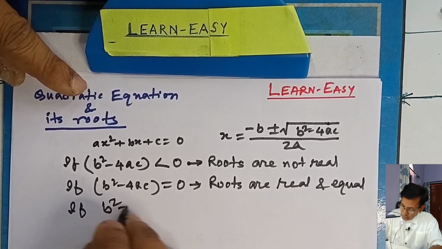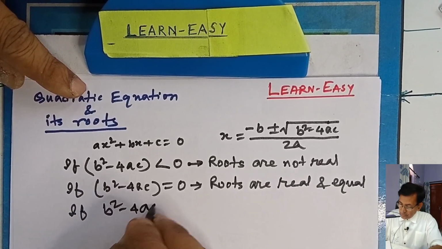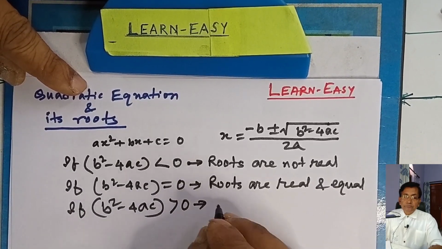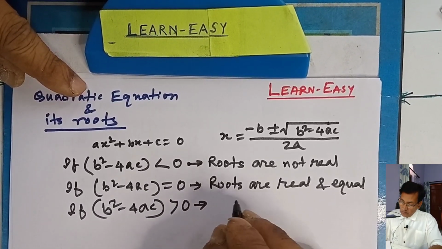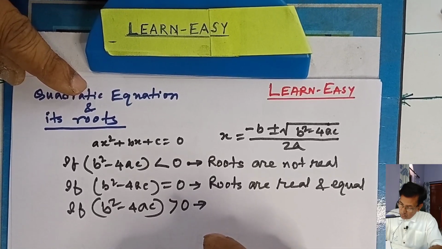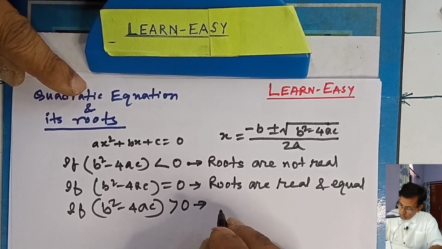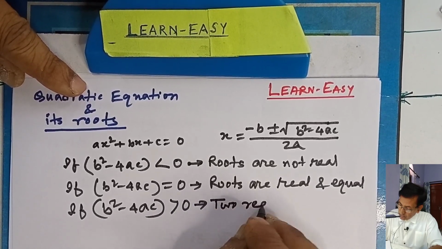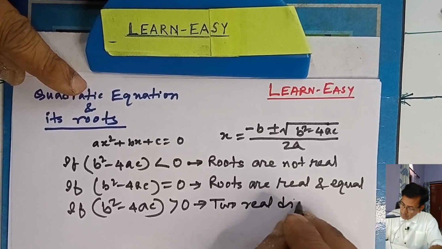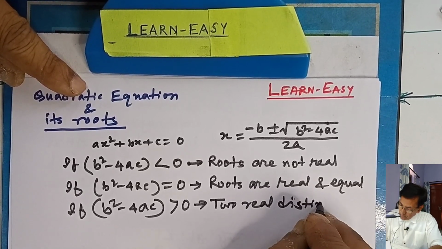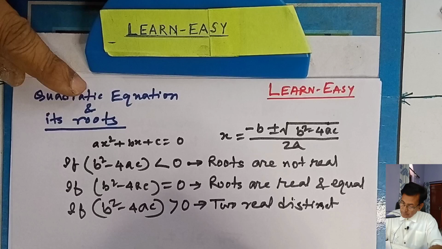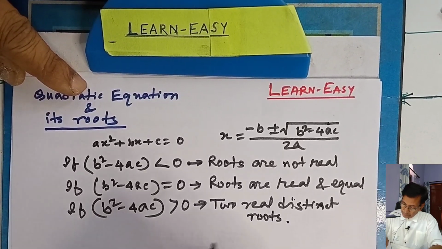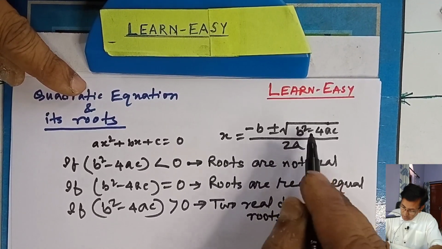If b square minus 4ac is greater than 0, a positive value, then there are two real distinct roots.